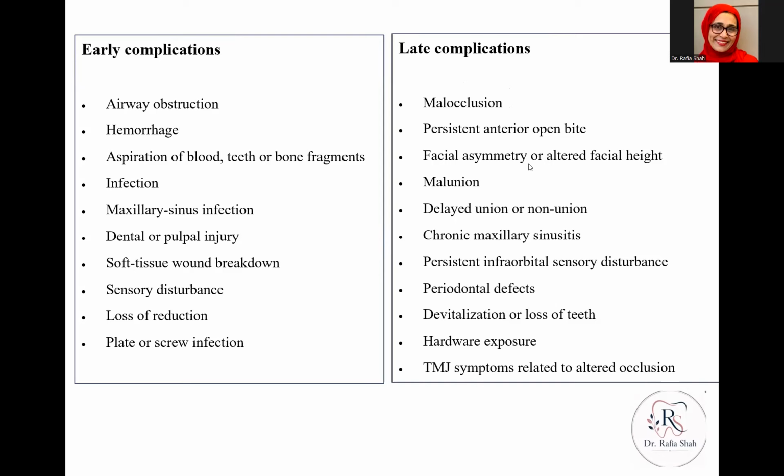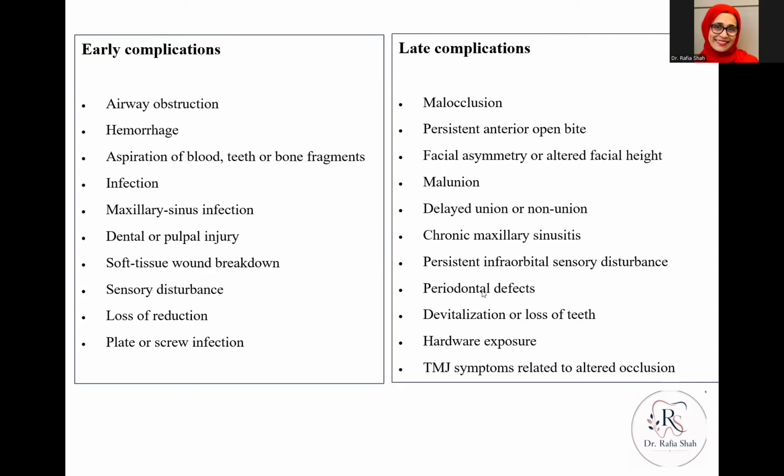The patient may end up with asymmetry of the face, malunion, delayed union of the maxilla, and the patient may have chronic maxillary sinusitis. If we did not get proper evaluation from the ophthalmologist or neurologist, then the patient may develop infraorbital sensory disturbance.